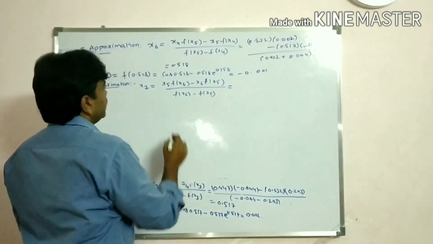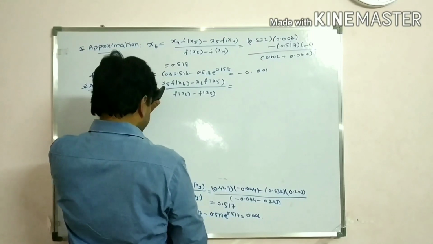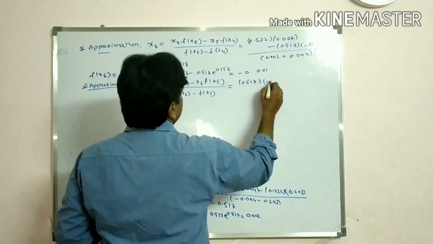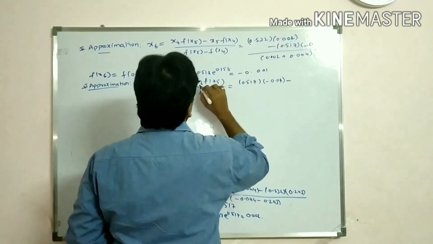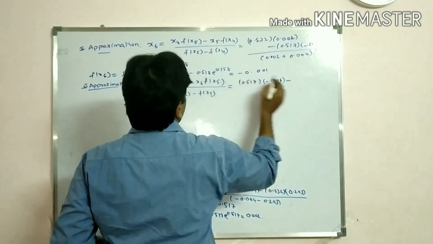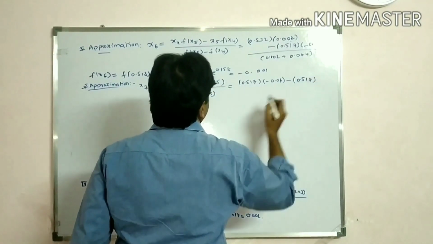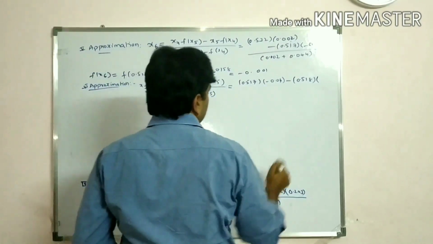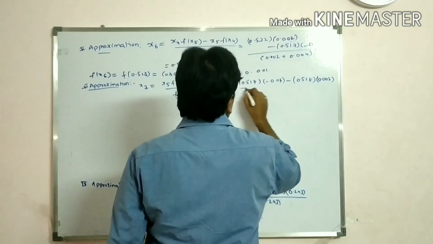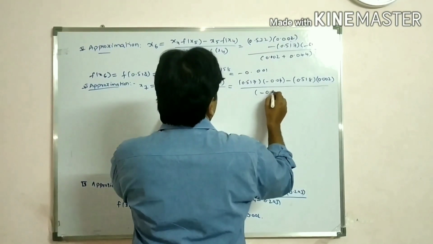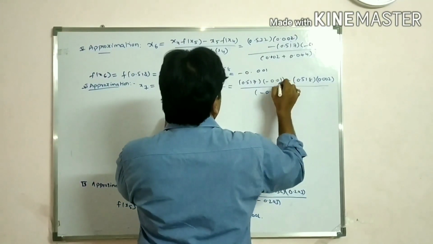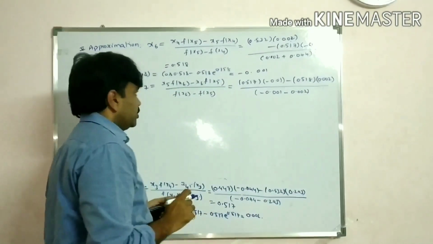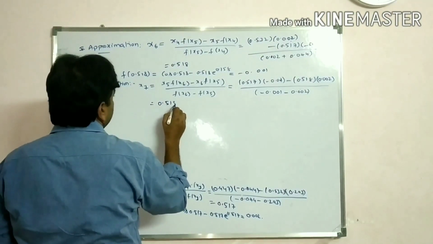So that is equal to x5, 0.517, f of x6, minus 0.001, minus x6, this is 0.518, into f of x5, 0.002, divided by f of x6, minus 0.001, minus f of x5, 0.002. So operate that, students, that is equal to 0.518.